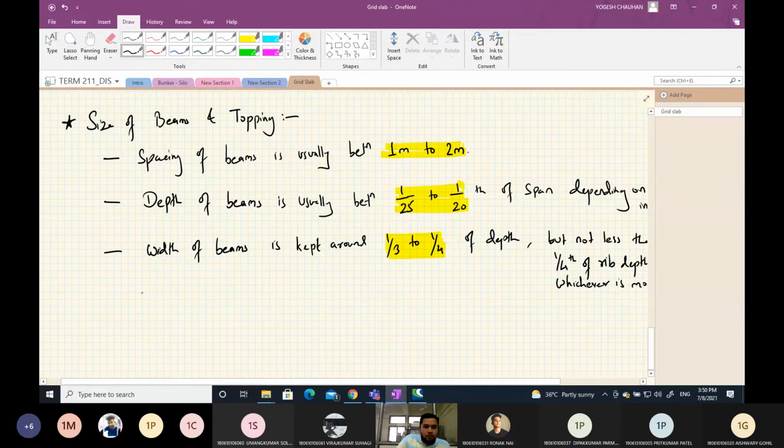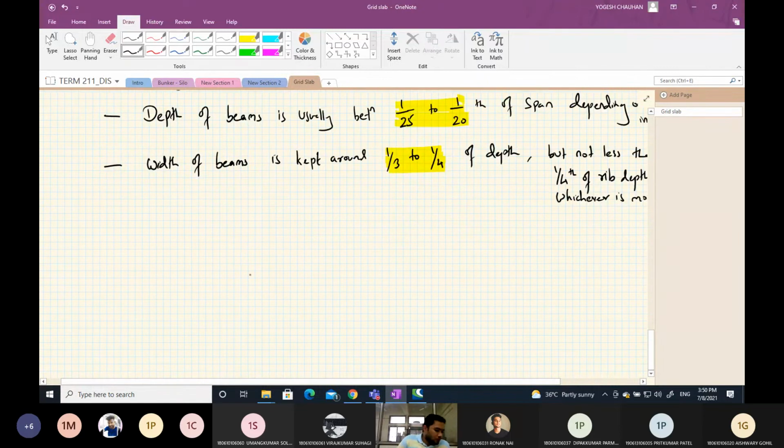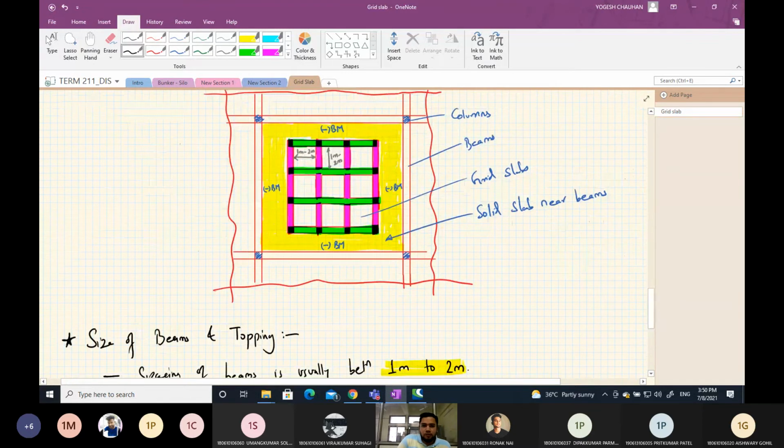Now this is about the beam. Now for topping, the thickness of the topping slab is quite less, because the span between the two beams is very less, which is around 1 to 2 meter.